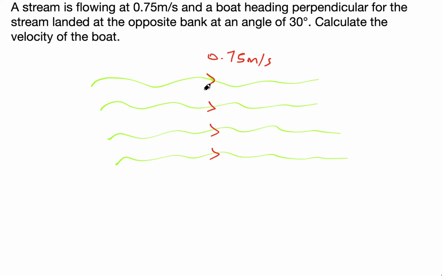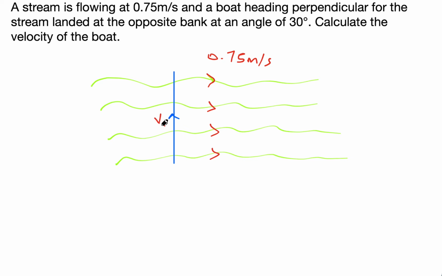Now, if this stream is not flowing, if it is just still, then the boat that is heading perpendicular would have moved perpendicularly straight like this. So there is a velocity in still water. Let me call this one the normal velocity.